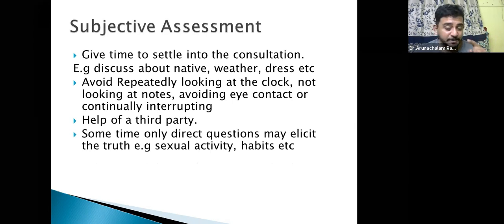Sometimes direct questions will help you. I mean to say, direct questions in the sense, the patient will say, from yesterday night I have severe lack of sensation in my thighs and my lower limb, bilaterally I'm having this problem. If you suspect the patient has any problem during sexual intercourse, or if you feel he's having a sensory neuropathy, particularly diabetic sensory neuropathy, ask him directly, do you have any problem in your sexual life?